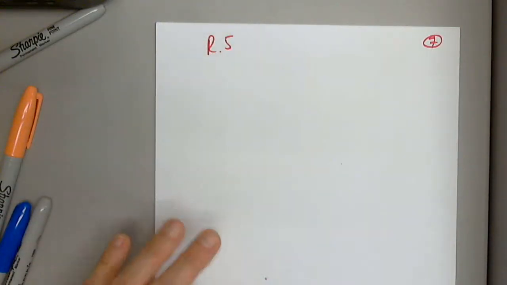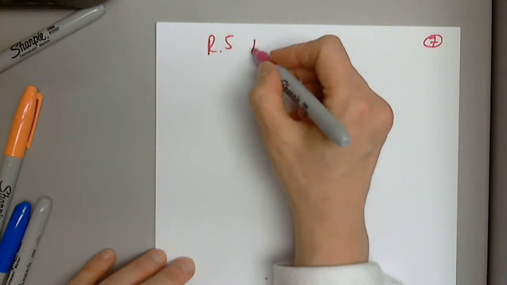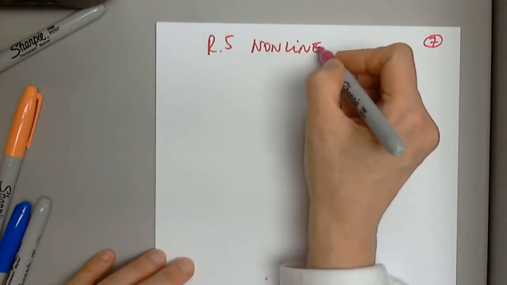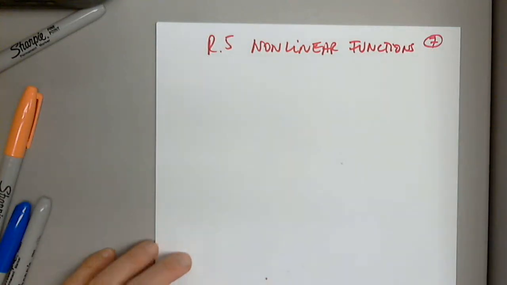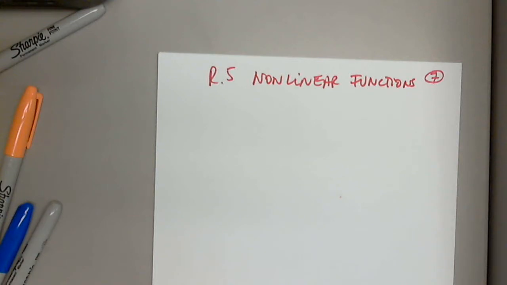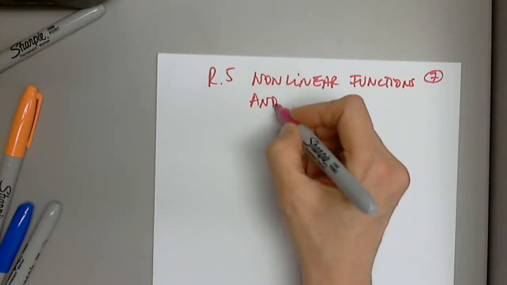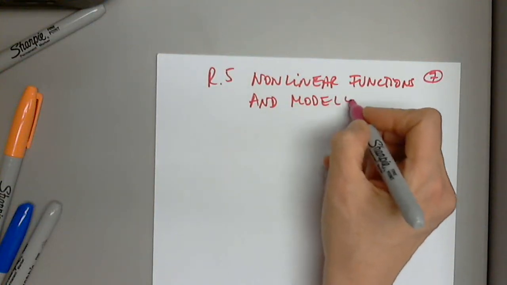So R.5 last, we are looking at still functions and graphs, but nonlinear functions and models. So I'm going to say nonlinear functions, although I'm not going to show too many graphs here, and models. I prefer to look at models.